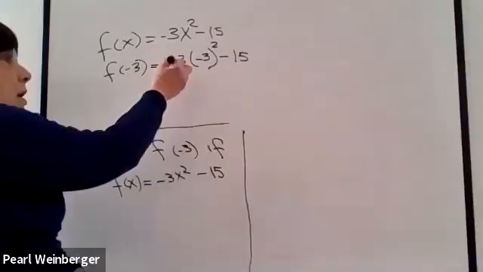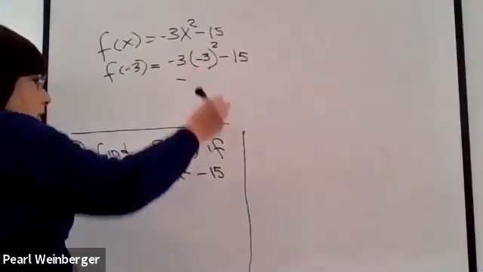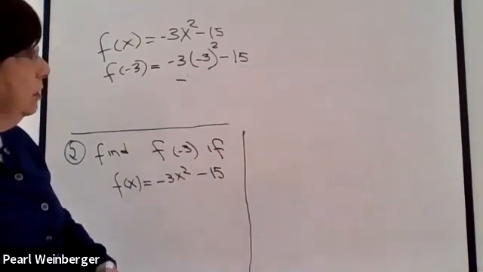So I'm not gonna lie, I plugged this into my calculator. I did -3 times -3. What did you get in your calculator? 9. Okay.